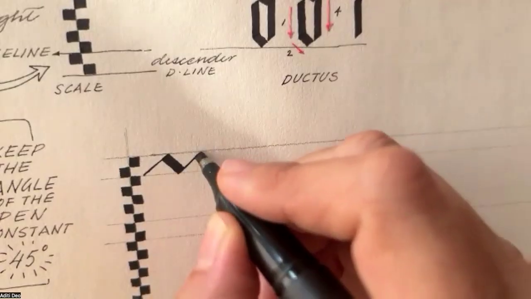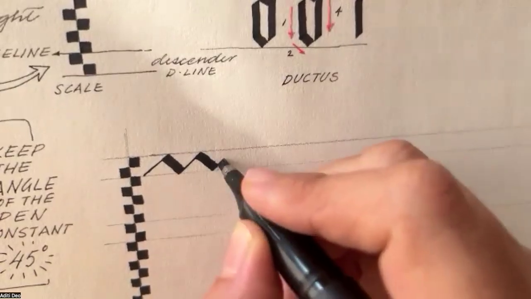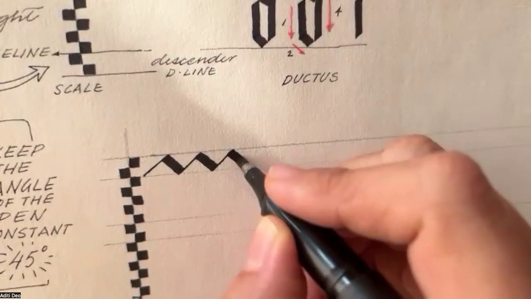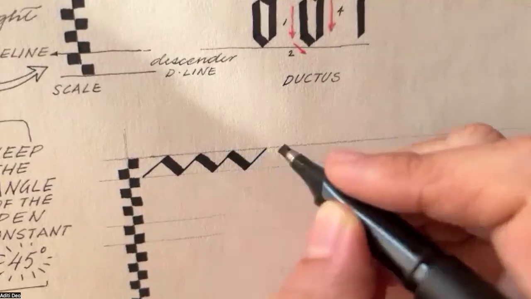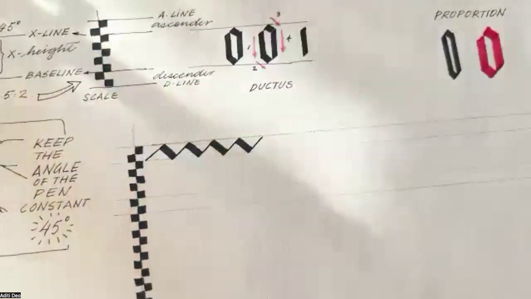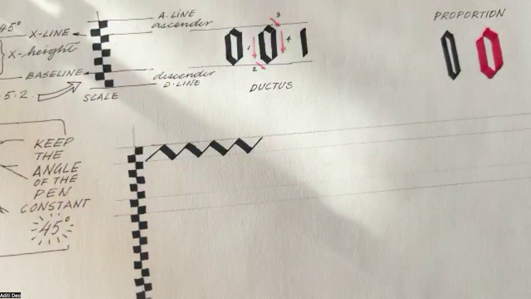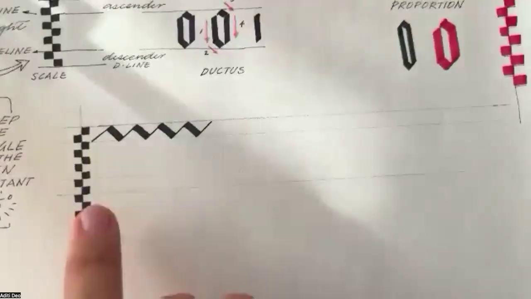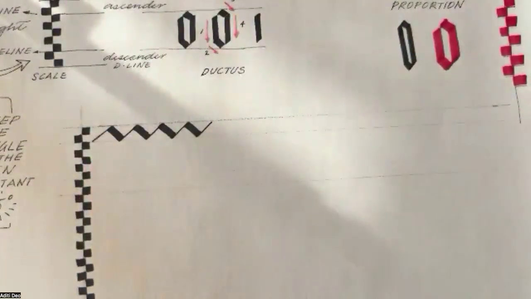Up, down. So you get nice crisp corners on the top as well as the bottom. And you can complete this whole line right up to the end.